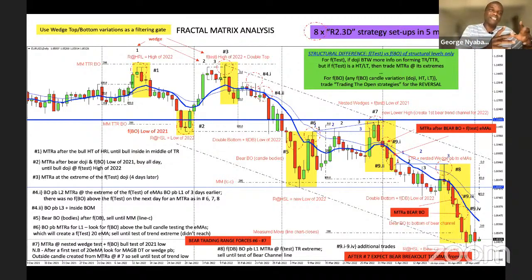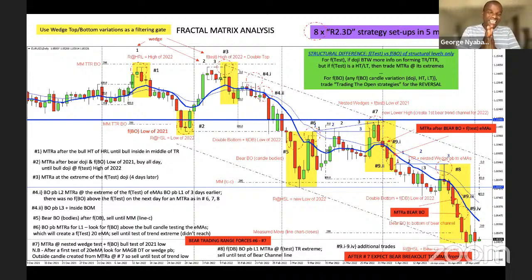I narrow down to the ones that I'm going to be looking at. Then once I've done that, I go into each day at the open of the Asian session. I'm interested to see what happened with the first candle of the day. Does it correlate to what I'm seeing on the fractal market matrix analysis for those 4 charts?